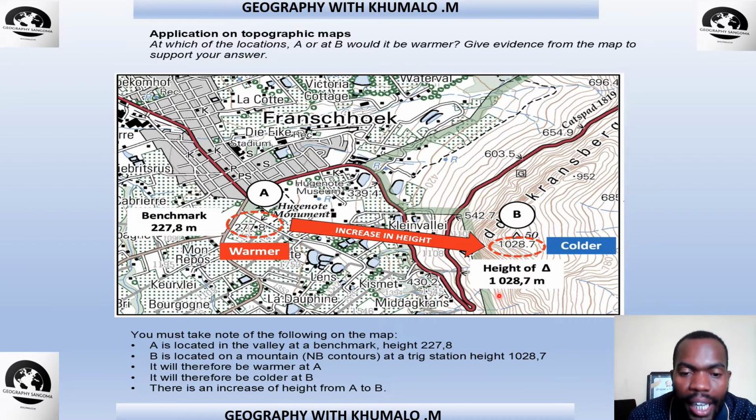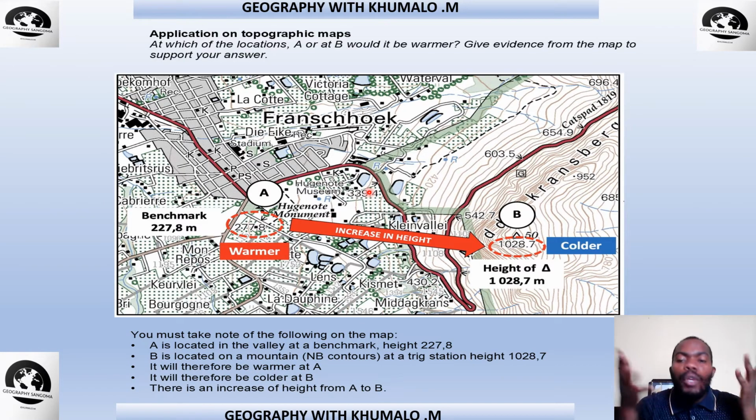We can see the mountain through the contour lines there at a trig station with the height of 1028.7 meters. Therefore, it will be warmer at A, and it will be colder at B.